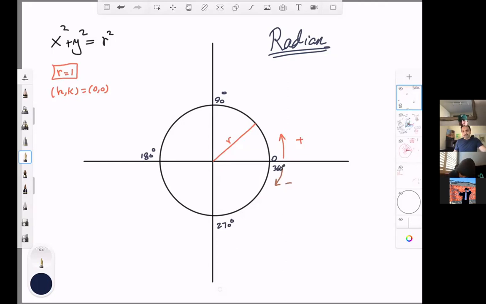So what is a radian? This is R, correct? This theta is 1 radian if the measure of the arc, which I'm going to call S, is equal to 1.